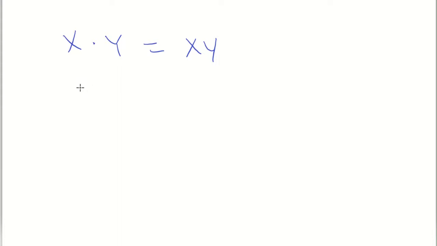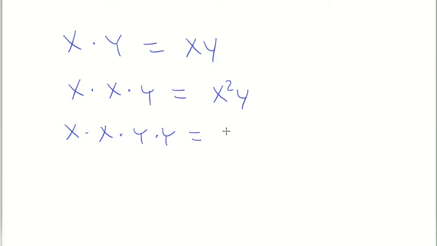And also, if you had x times x times y, that can be written as x squared y. And if you had x times x times y times y, you can write that as x squared y squared, because it actually is x squared times y squared.